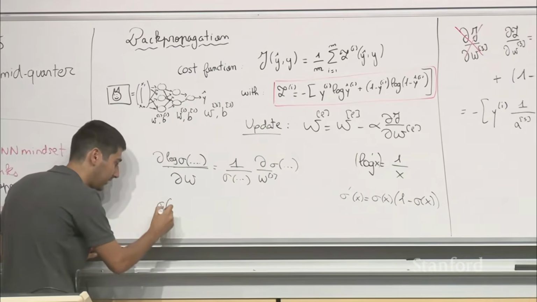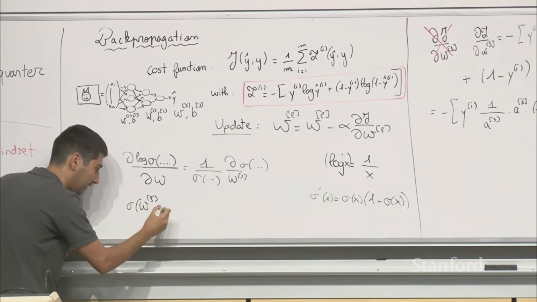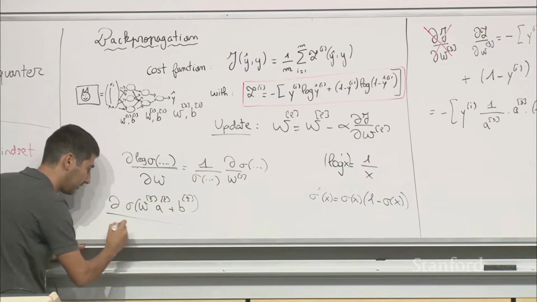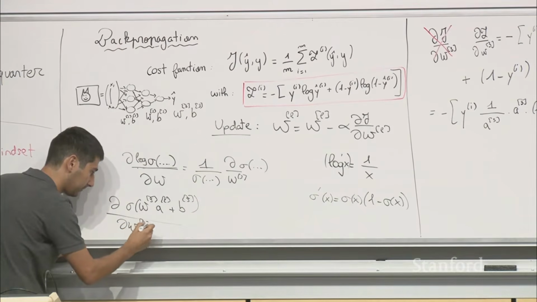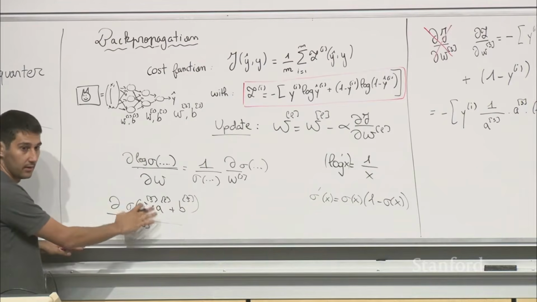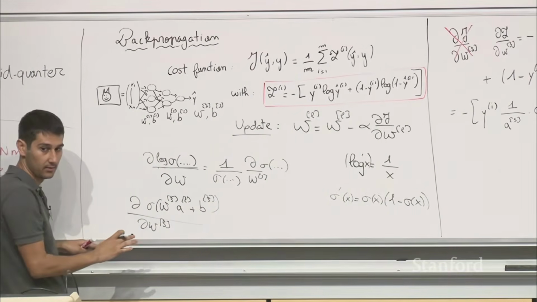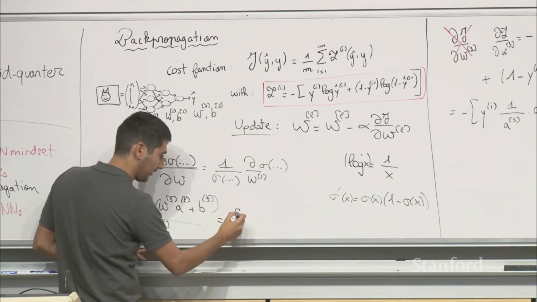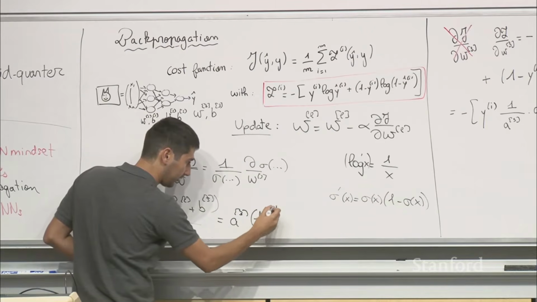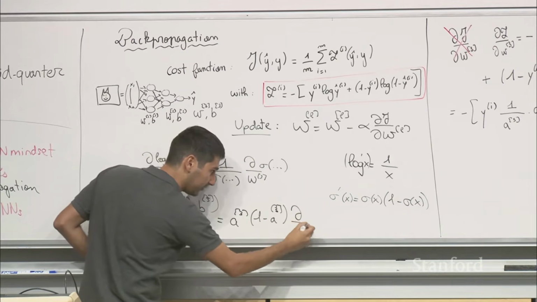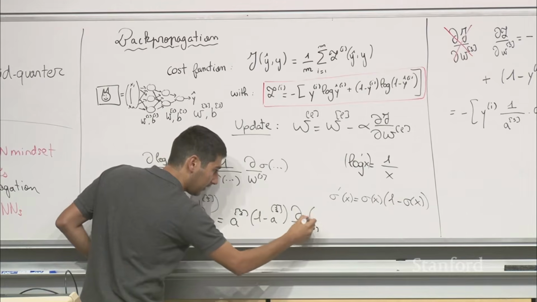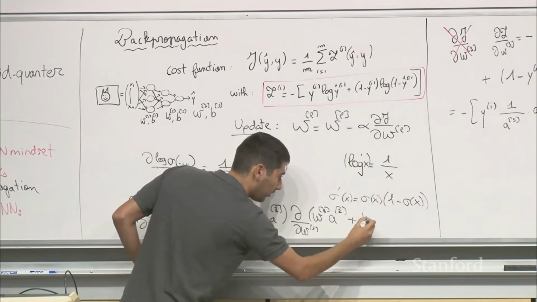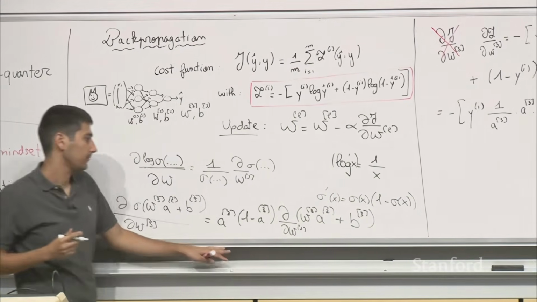If I want to take the derivative of sigmoid of W3 A2 plus B3 with respect to W3, I need to go inside and take the derivative of what's inside. So this will give me A3 times 1 minus A3 times the derivative with respect to W3 of the linear part. Does this make sense?